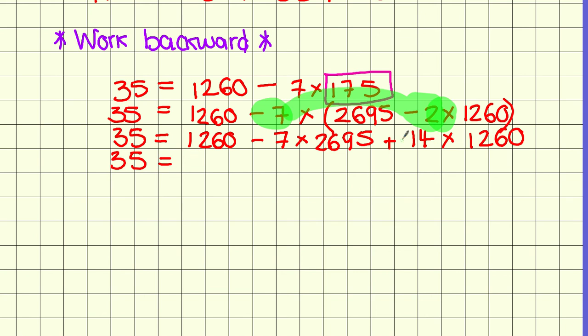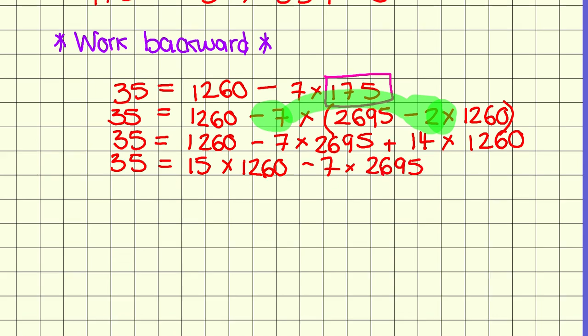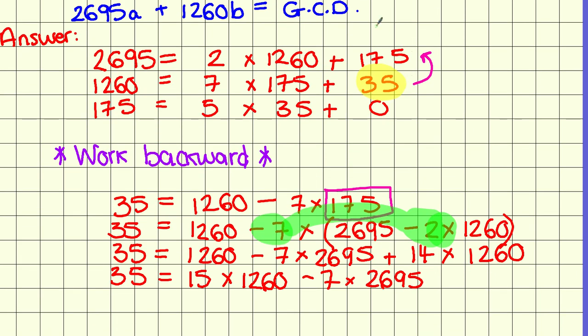So in total, if you bring them together, you've got 15 lots of 1,260. Because you get one there and you get 14 lots of that there, right? And then you've just got minus 7 lots of 2,695.